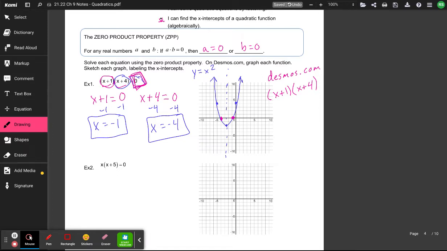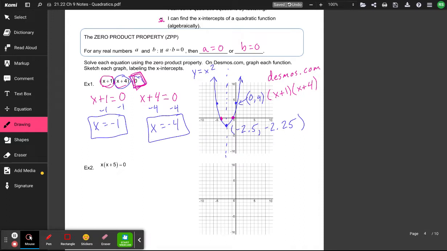So now that you've graphed that in Desmos, you should see that you have a vertex at negative 2.5, negative 2.25. And then we have a y-intercept at 0, 4. So I went ahead and I graphed this parabola, which you guys will do here. You'll plot that point at negative 2.5, negative 2.25.